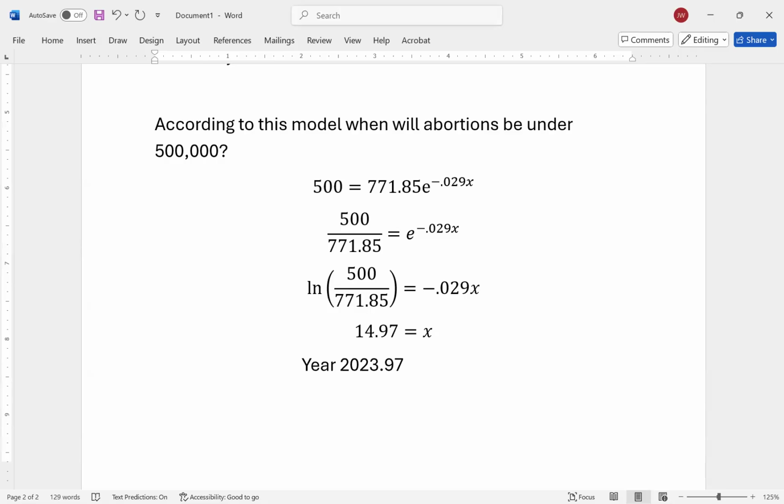Now, is this a correct prediction? You could look that up. I don't think it's a perfect prediction by any means, but that's what the model would predict. It would be about 2024 until the number of abortions become under 50,000, or not 50,000, 500,000, excuse me.